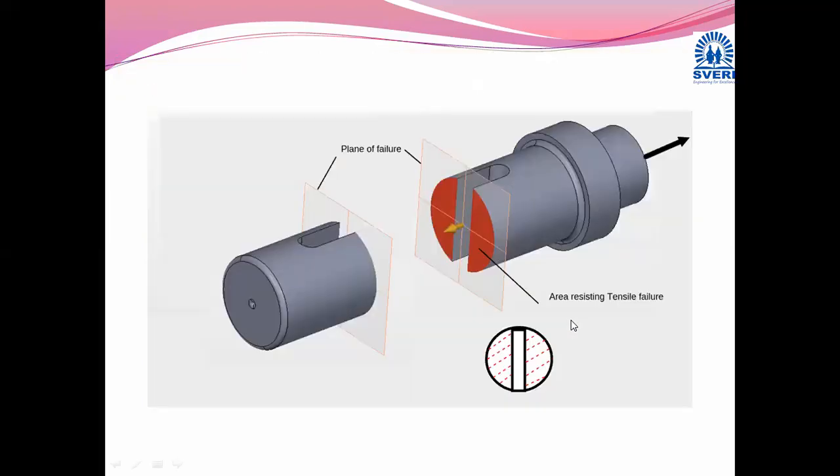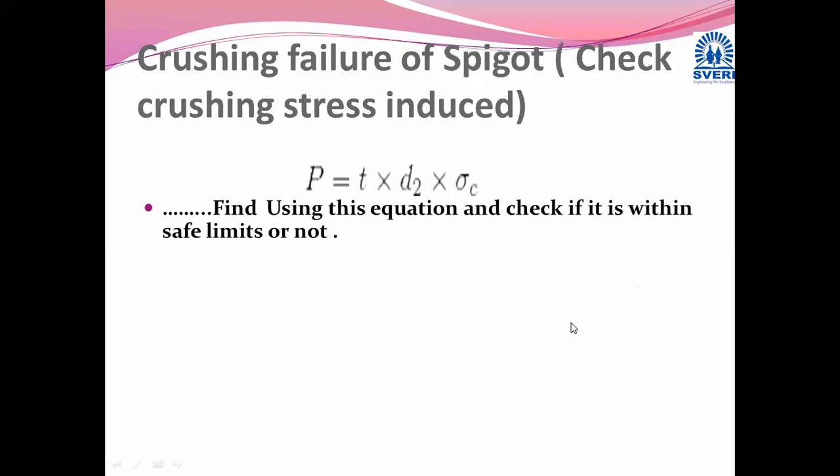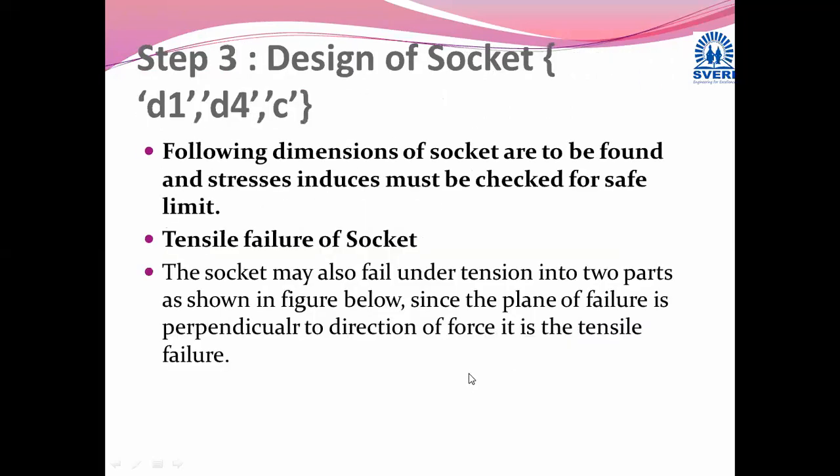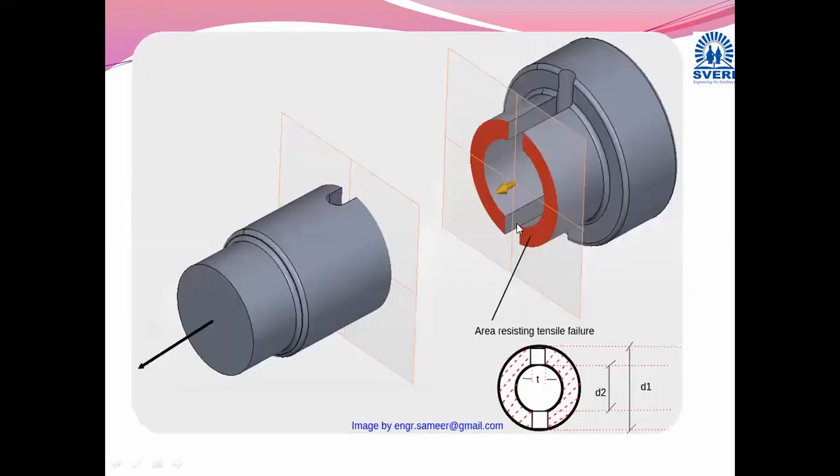So once again, we'll go to the slide from where we have come back. Here, first of all, we are going to consider the failure of that socket in tensile load. The socket will be weak where you have made the groove, because this area we have removed, and that's why the concentration of stress is there, which we are going to see in the next unit.